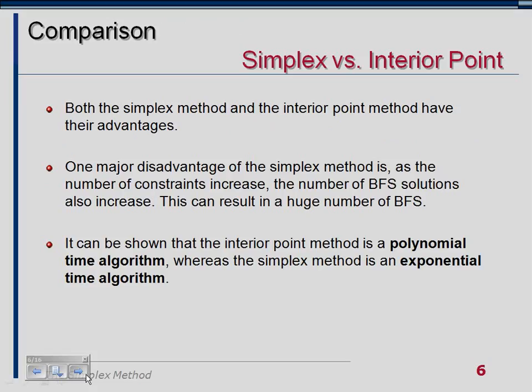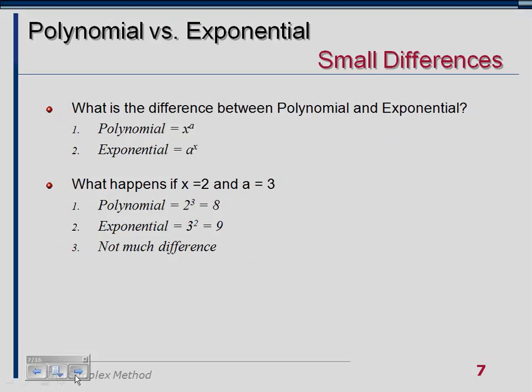So what does this mean? Well, a polynomial is x to the a, and an exponential is a to the x. It's like, okay, so what? If you let x be 2 and a be 3, the polynomial answer is going to give 8, and the exponential is going to give 9. Not much difference. Who cares? What happens if you let x be 10 and a be 2?